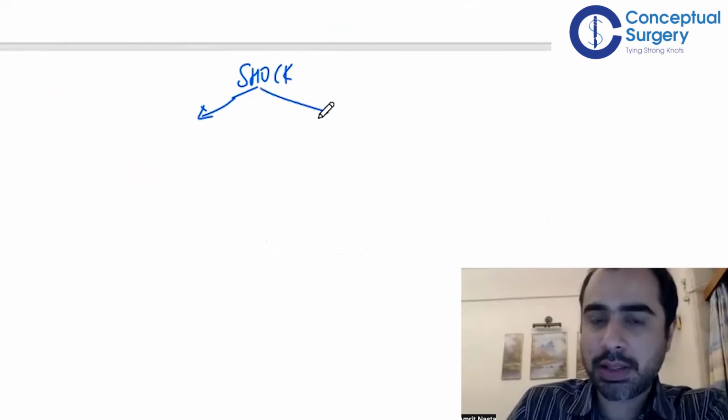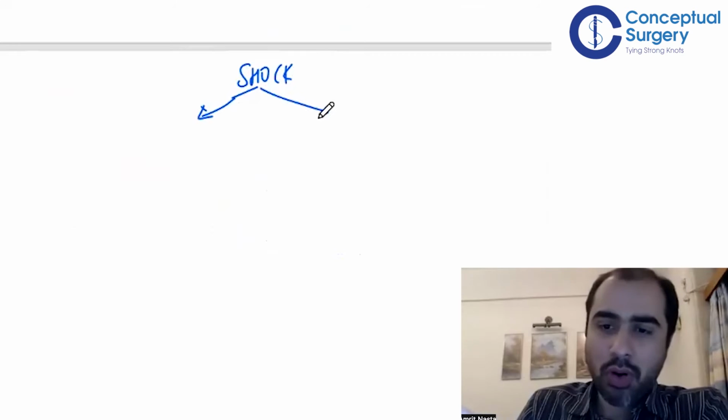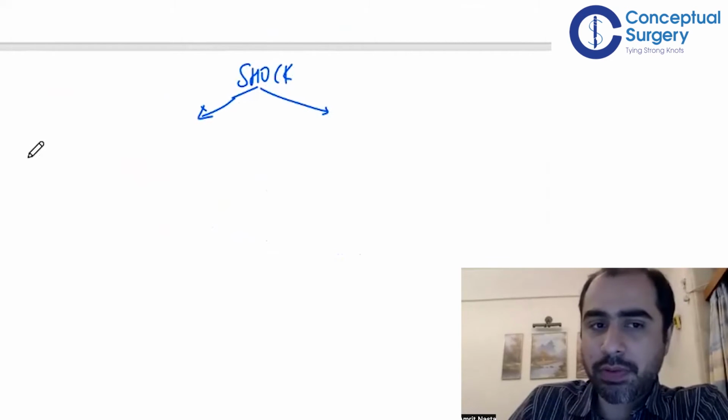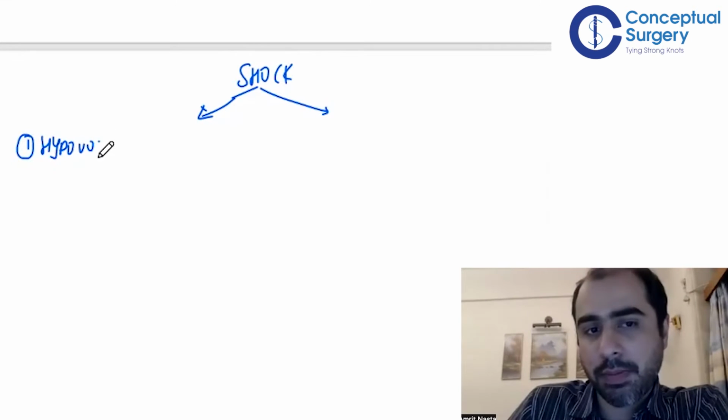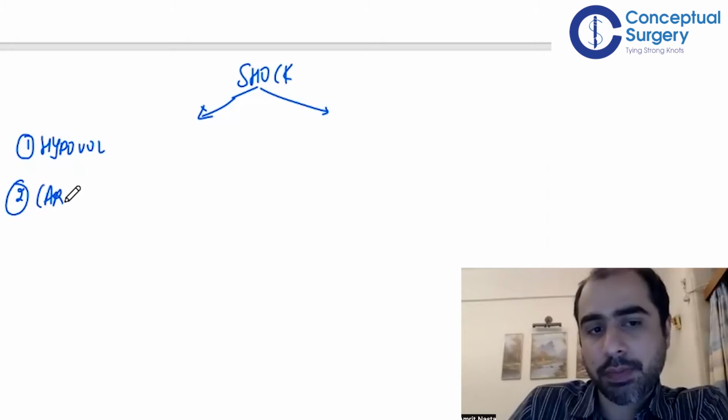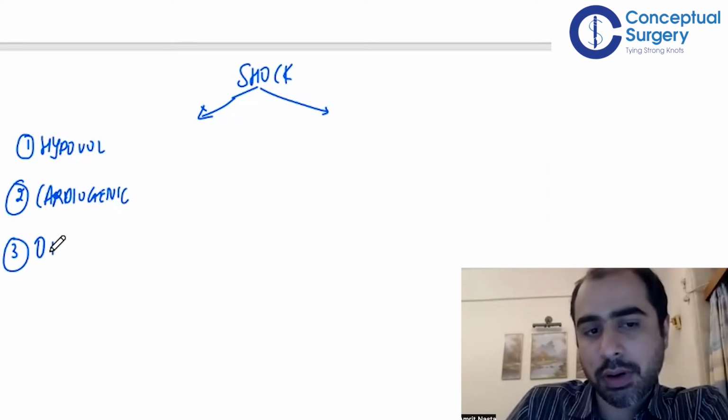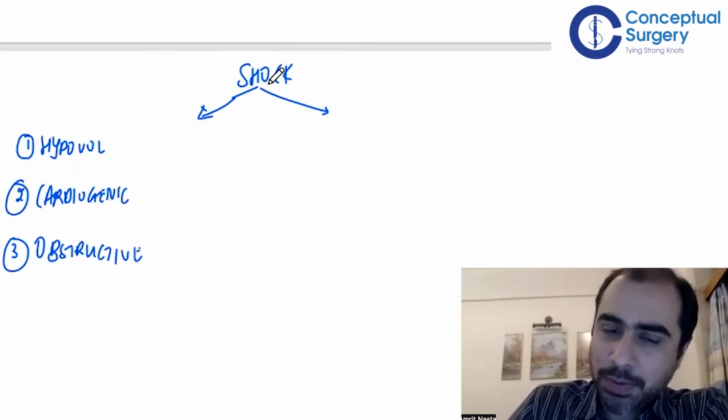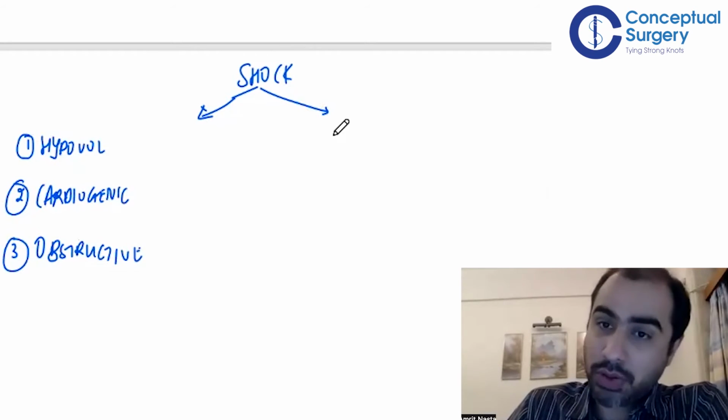One is where there is decreased flow or decreased perfusion because of maybe volume loss, where you have hypovolemic shock or hemorrhagic shock, or you will have cardiogenic shock where the heart is not pumping enough blood, or you will have obstructive shock, which is seen in patients with cardiac tamponade. What type of shock is neurogenic shock, where you also get septic shock?